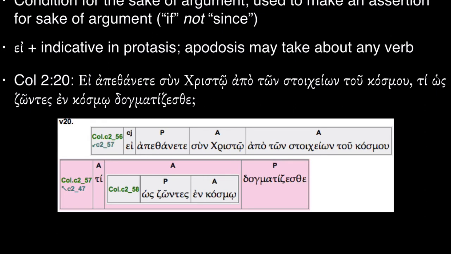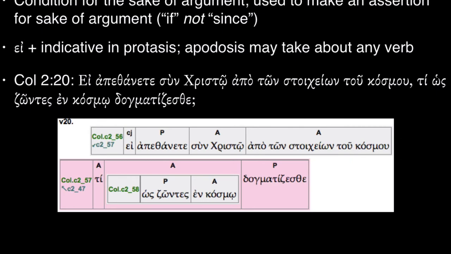However, what Paul is doing here is he's actually getting the readers to think. He's saying, just for the sake of my argument, if indeed you did die with Christ, then why are you acting like you didn't?